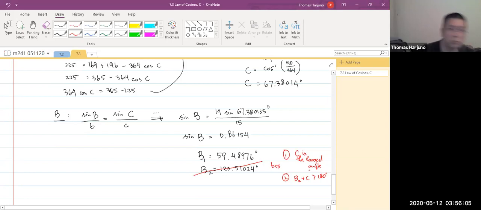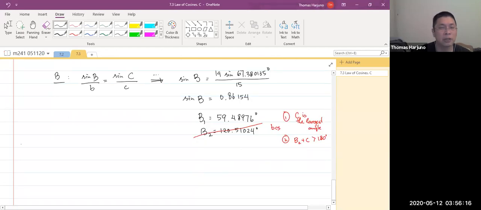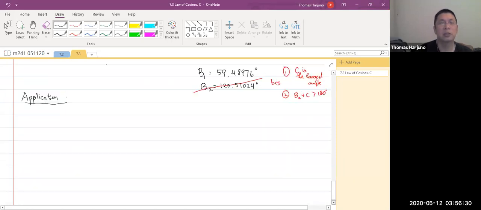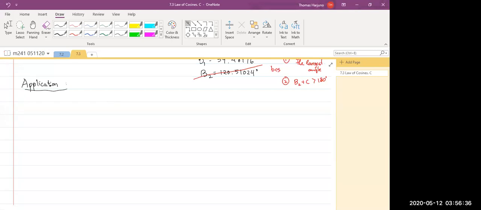Okay. Now I'm basically done with this section. Some applications. The first application is the following. You know a stop sign? Like the stop sign.